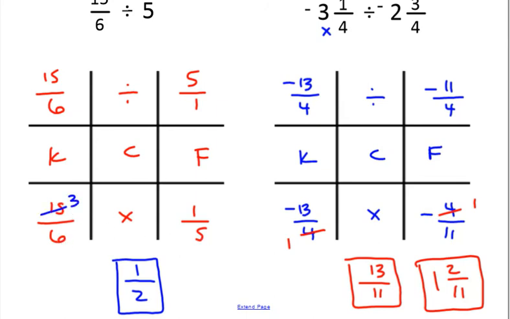So this is a 3, and this is a 1. But now you can do 3 over 6. So now this becomes a 1, and this becomes a 2. So now you have 1 times 1, which is 1, and 2 times 1, which is 2.